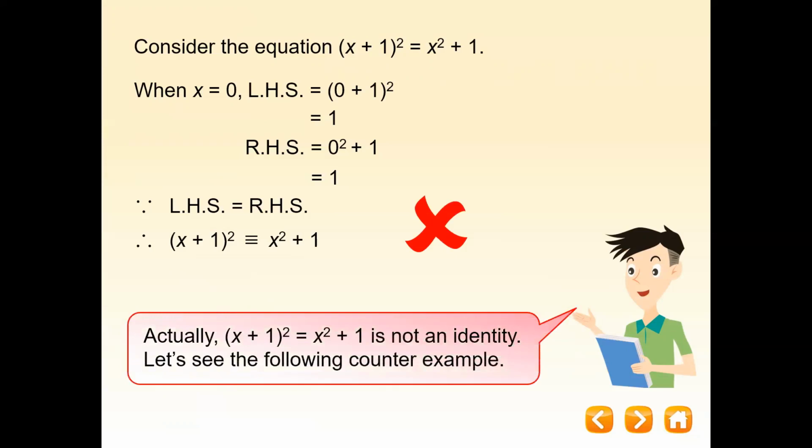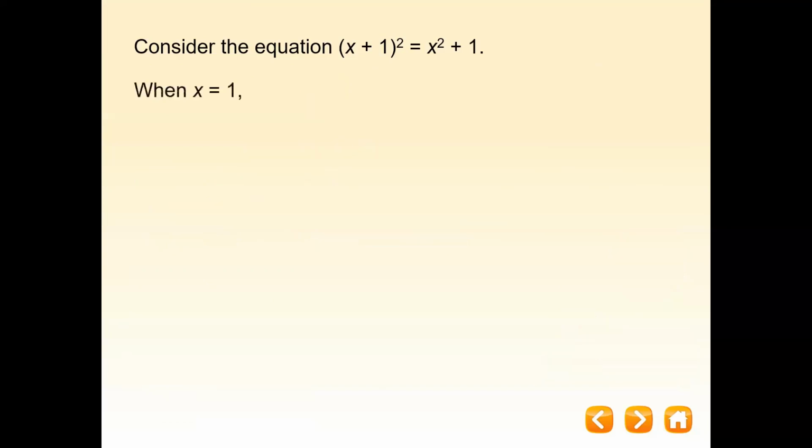Actually, (x + 1) all squared equals x squared + 1 is not an identity. Let's see the following counter example. Counter example means that it's not valid. This time we choose x equals 1. When x equals 1, left-hand side equals (1 + 1) all squared equals 4.